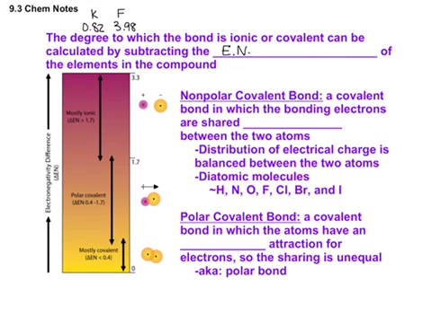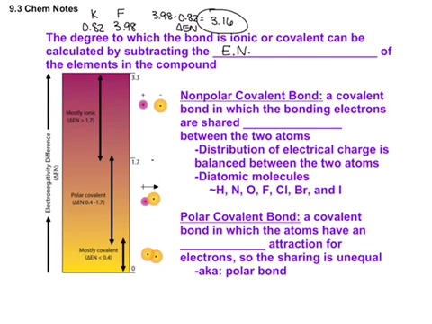If we subtract those two, and when you do the subtraction, always do it so you get a positive number, we do 3.98 minus 0.82 and come up with a difference in electronegativity of 3.16.